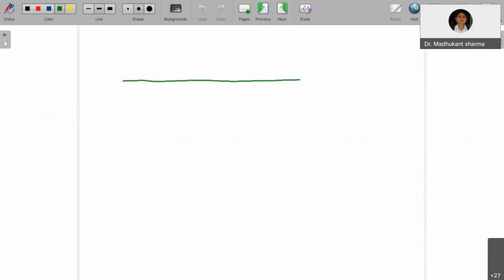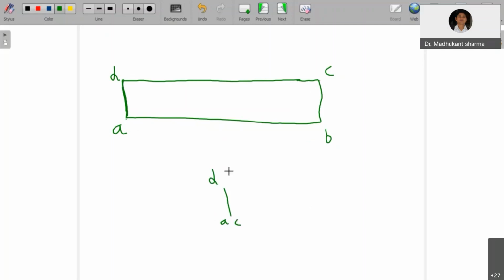I am naming the edges A, B, C, D. Now you bend it in such a way that A meets C and D meets B. So you have to twist this strip and make it possible to meet A with C and D with B.